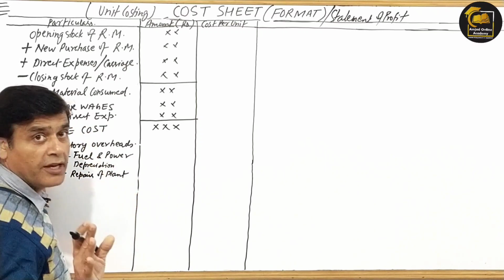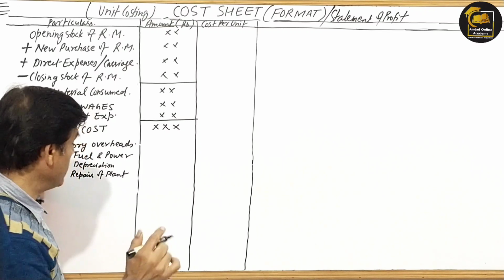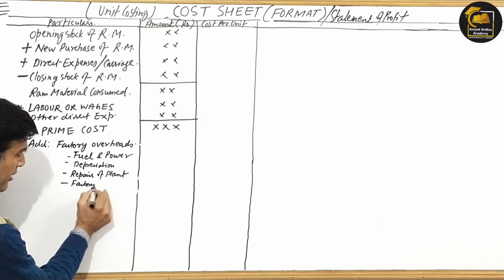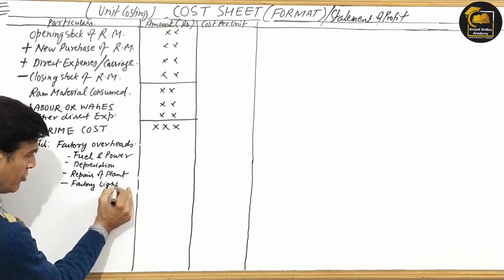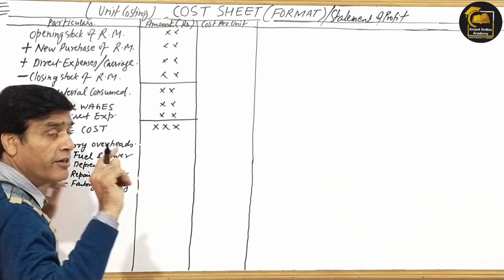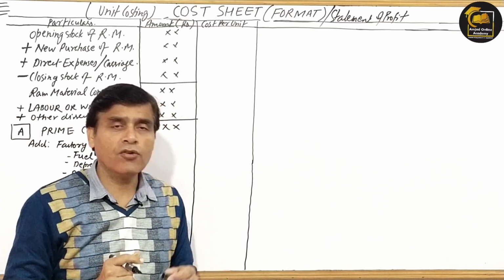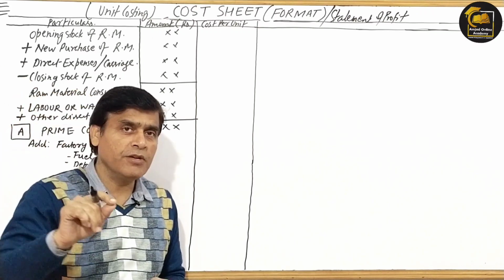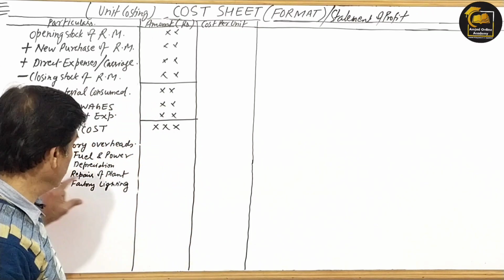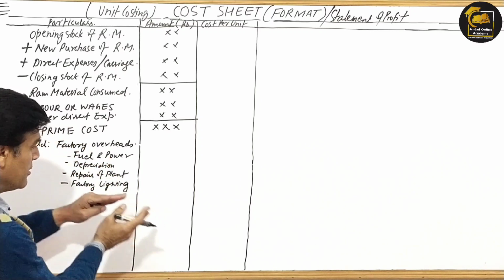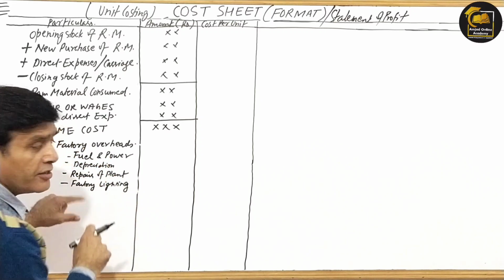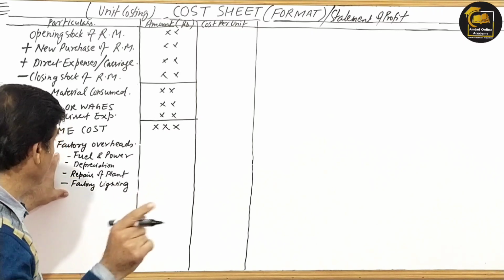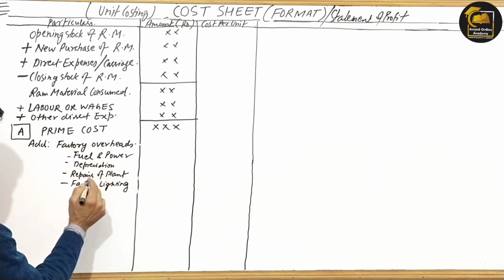If there is anything related to the factory, for example factory rent, or factory lighting, if it is written, then factory lighting will come here. So you have to identify, you have to practice. If only lighting is used in the question, then you have to consider it is an office related expense. But if it is specially mentioned that this is factory lighting, then you have to write it here. So there are several expenses. Just I'm showing the expenses, right? After writing all the expenses, after including all the factory related expenses or factory related overheads, right?